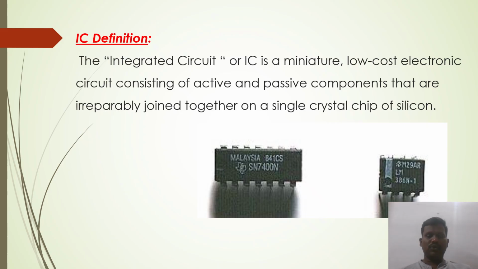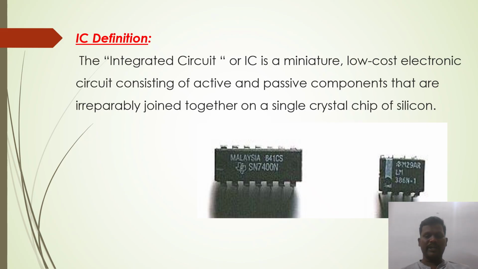You are connecting discrete components on a silicon chip, but we are not connecting them as physical discrete components. To get the electrical properties of the discrete components, they are fabricated on a silicon wafer. So the size is mini and the cost of that IC is low.